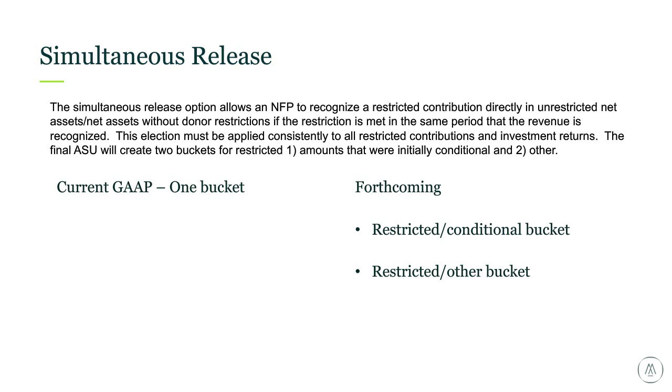However, with capital pledges, that might be an area in which you see that. So with this new guidance, there are really going to be two buckets. You're going to have funds that are restricted that may be conditional because they've had that barrier and right of return, and then the other funds that are just generally restricted. Keep that in mind.